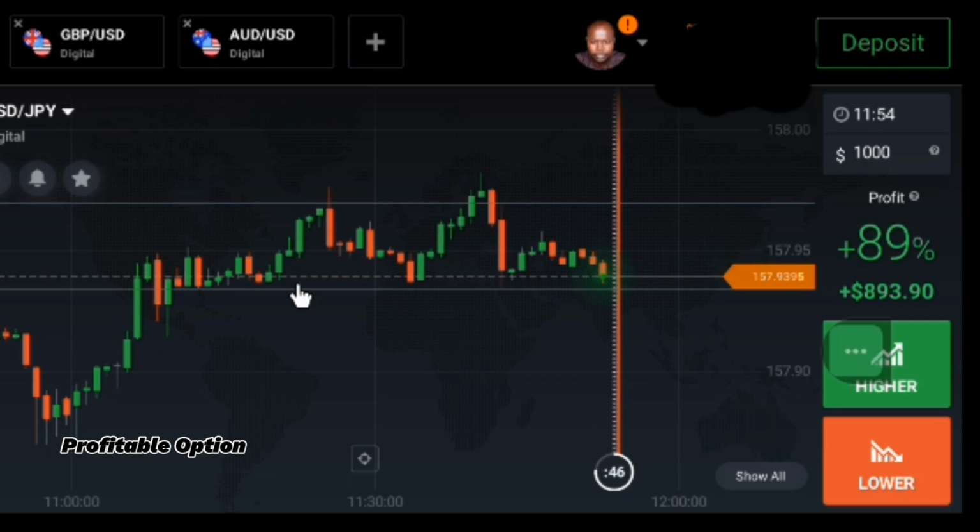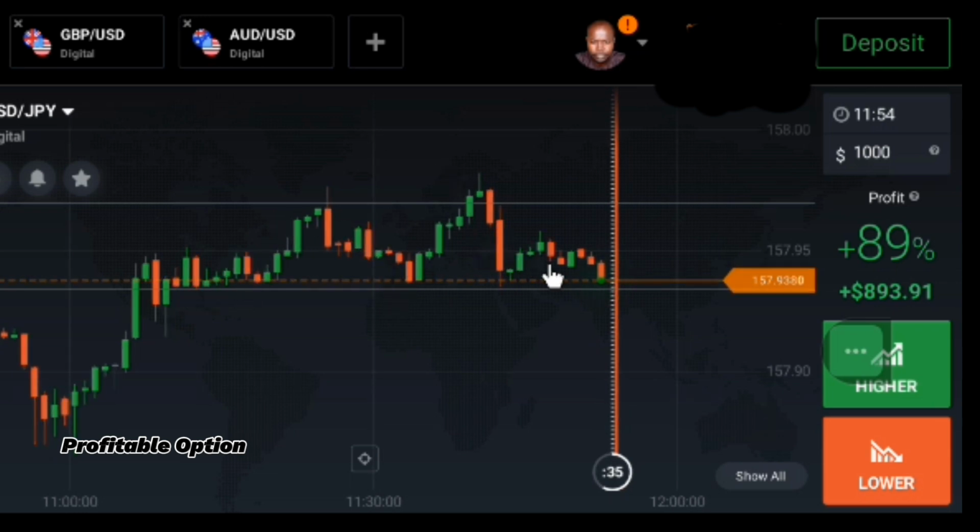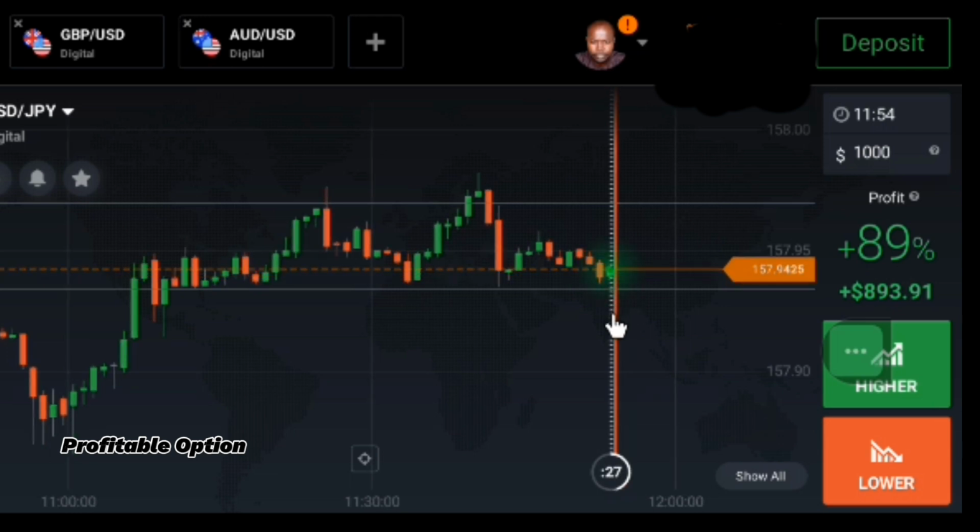Let's check another pair. USD JPY is also here. This is another good support area. You see it has been reversing from this point. So there are possibilities that it's going to reverse at this point, but one needs to be careful because it could actually break out of this.